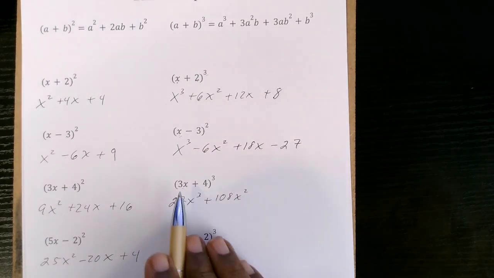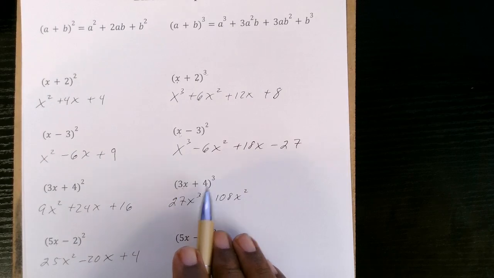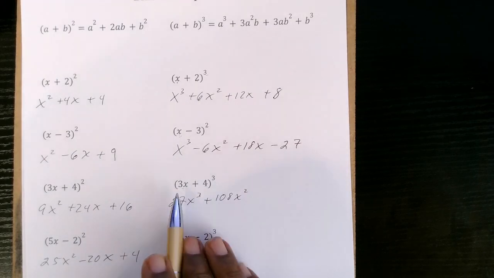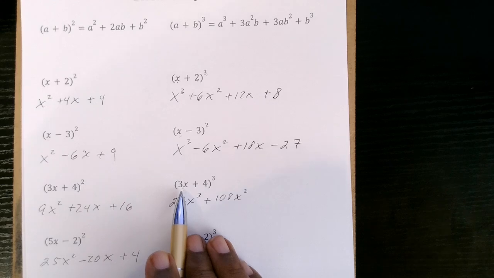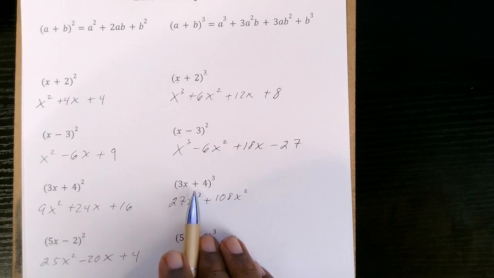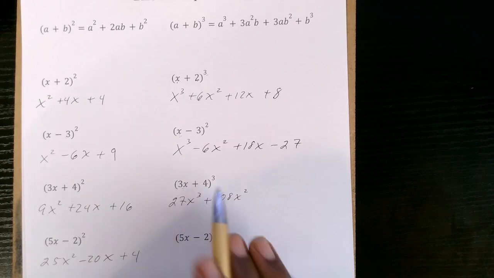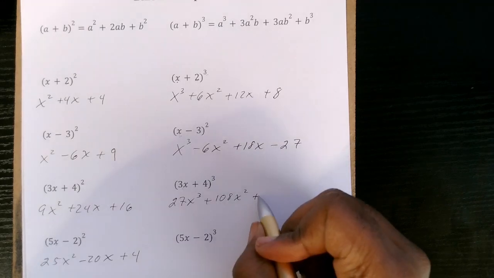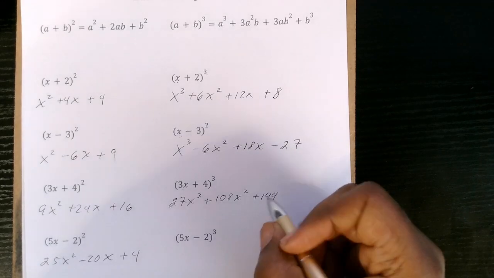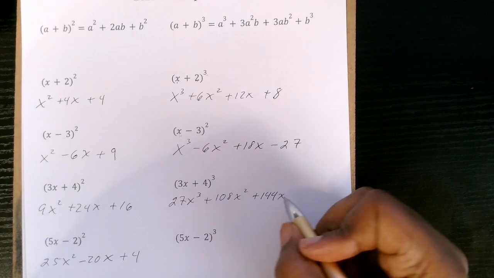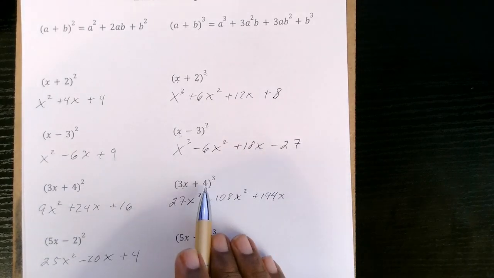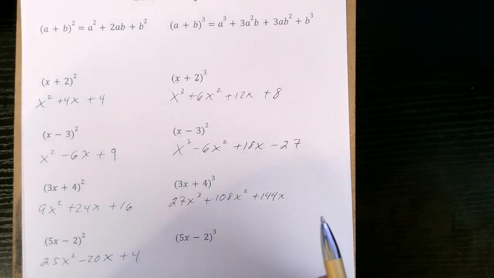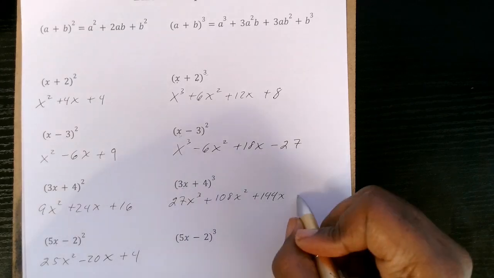Next, we need 3x times 4 times 4 times 3. That's going to give us 12 times 12, which is 144. And that'll be x. And lastly, 4 times 4 times 4, which will be 64.